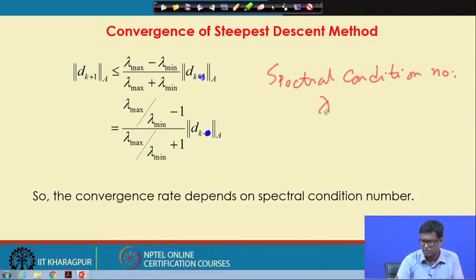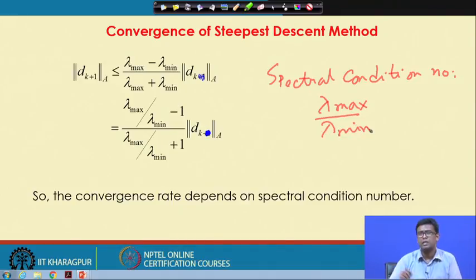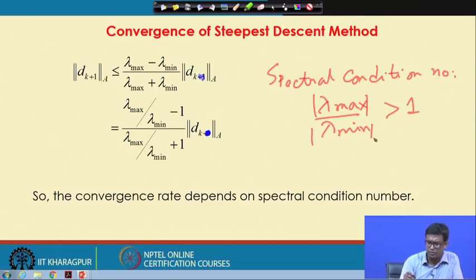The spectral condition number of any matrix is the ratio of lambda max and lambda min. We have said that the smaller the condition number, that is, the closer lambda max and lambda min are, the easier it is, good for a matrix solver. So, this is always greater than or equal to 1; all these should be in absolute value.